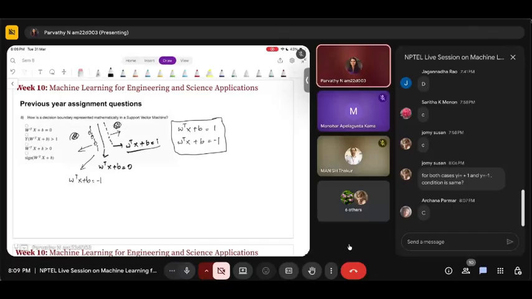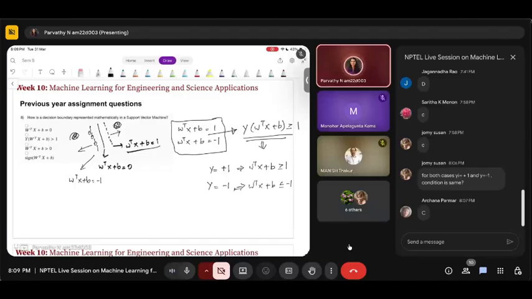This needs to be correctly classified, and for that we need a way to represent both equations. That is why we represent it as y into W transpose x plus b greater than or equal to 1. This satisfies both cases: when y is equal to plus 1, we need W transpose x plus b greater than or equal to 1, and when y is equal to minus 1, we need W transpose x plus b less than or equal to minus 1.